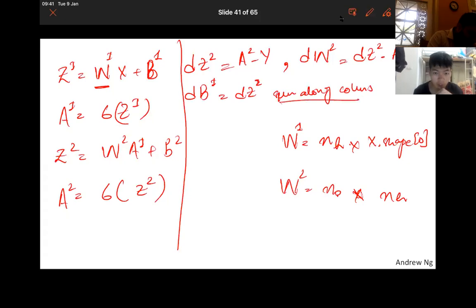Similarly, dZ1 would be dZ2 times W2 transpose, element-wise product with A1 times (1 minus A1).